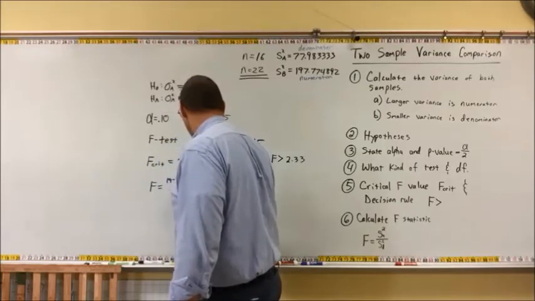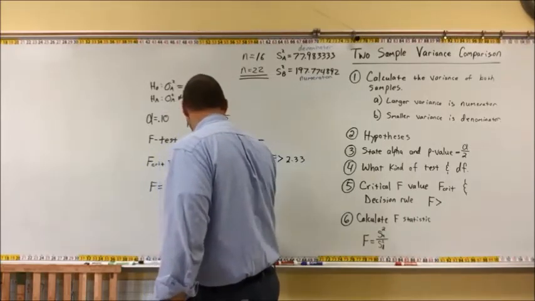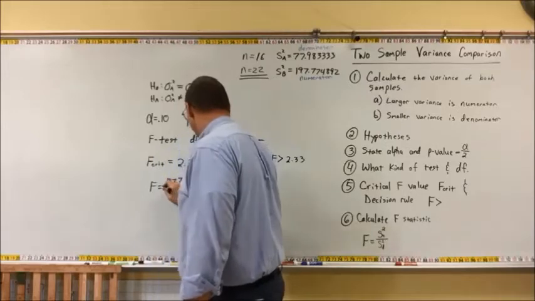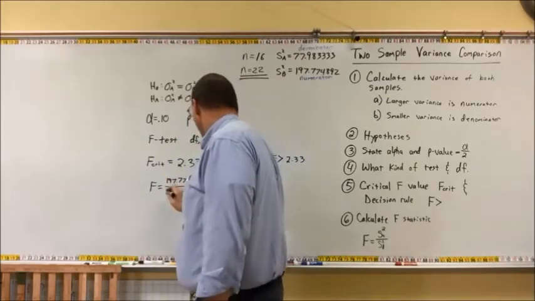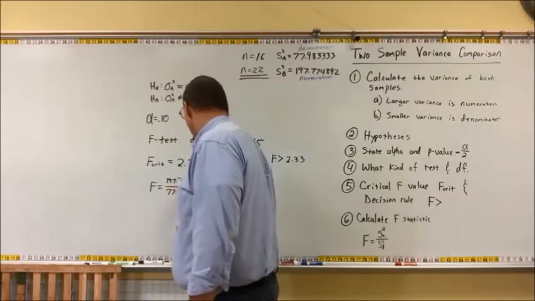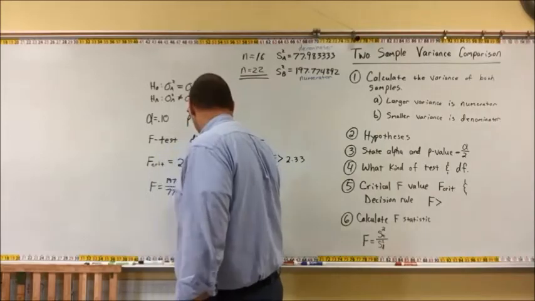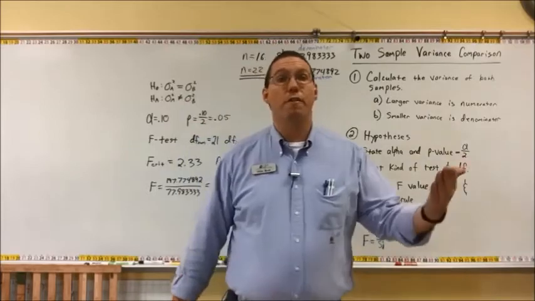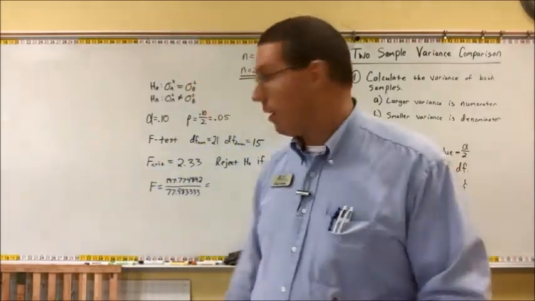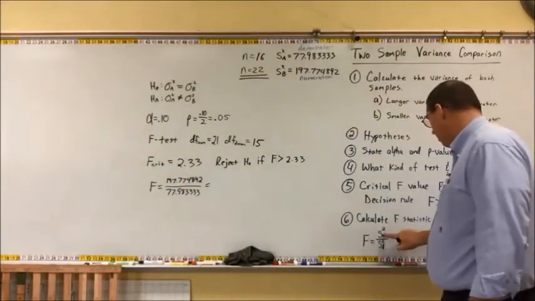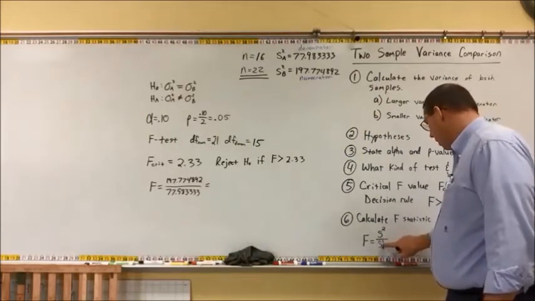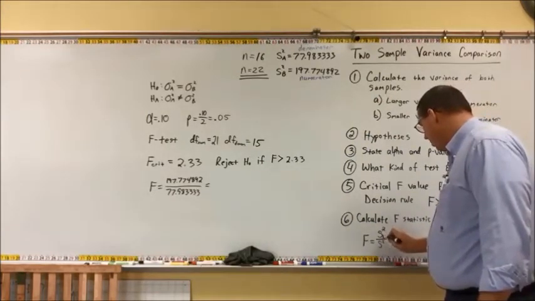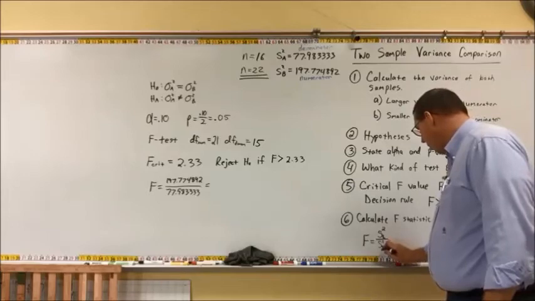So F is going to be equal to this number, 197.774892, divided by 77.983333. That's it. It's just the larger variance divided by the smaller variance. So that's another way you can say, instead of numerator and denominator, you could just say large variance divided by small variance.